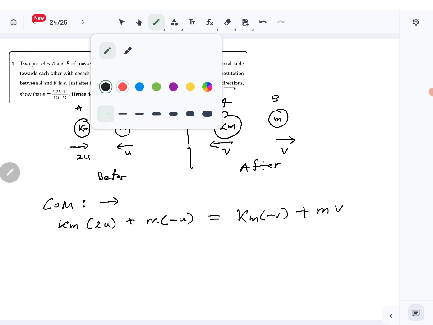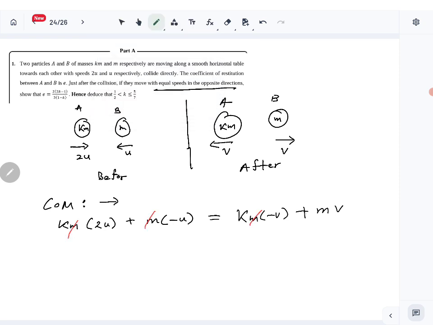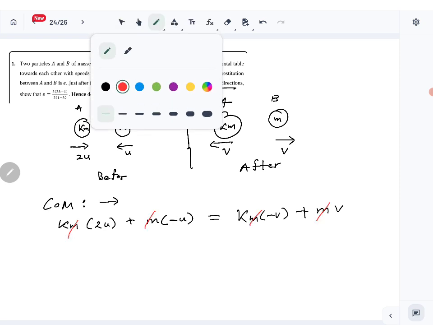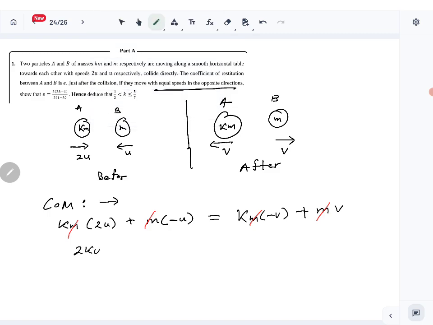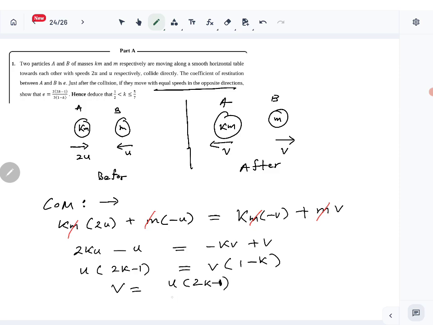Now you can cancel the m's. Then 2ku minus u equals minus kv plus v. So take u out and let's find the expression for the after speed v. So v is equal to that, right? We will have to use it to get the e expression. So we have that from conservation of momentum.